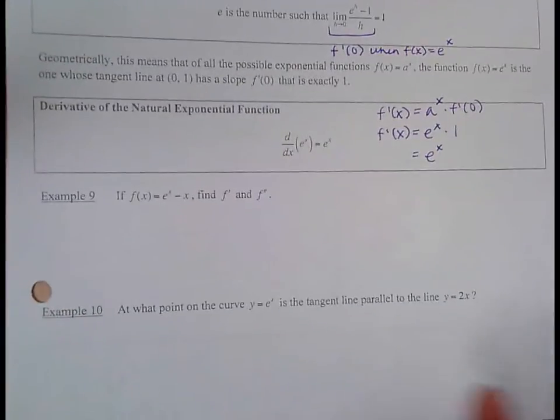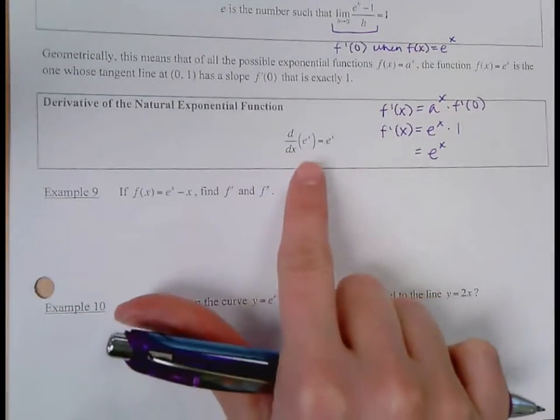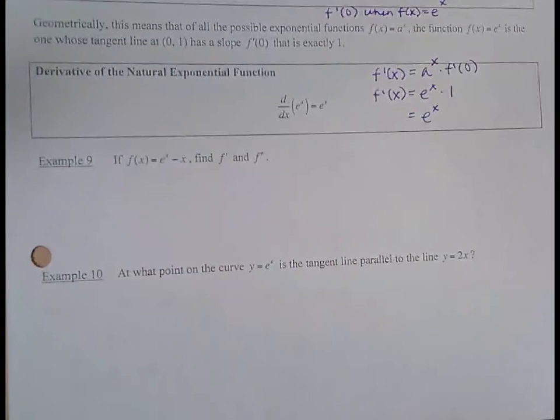So the easiest differentiation formula there is, the derivative of e to the x is e to the x. The derivative of e to the x is itself.